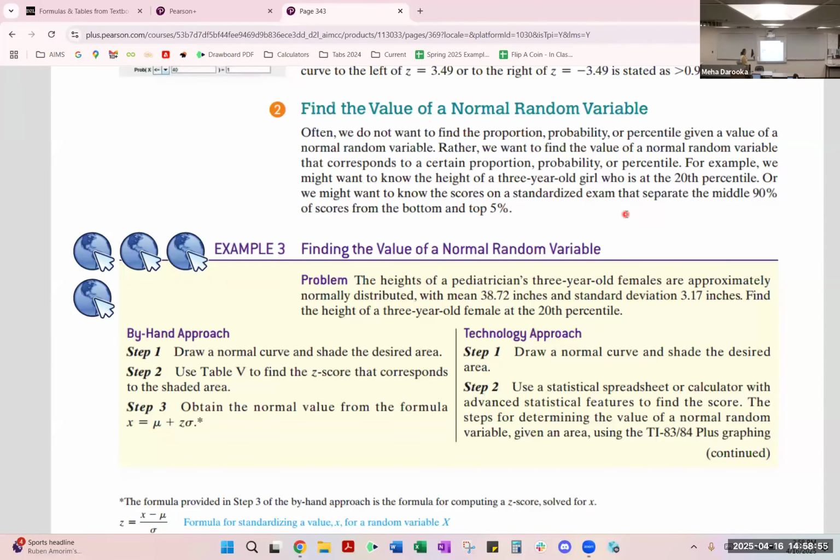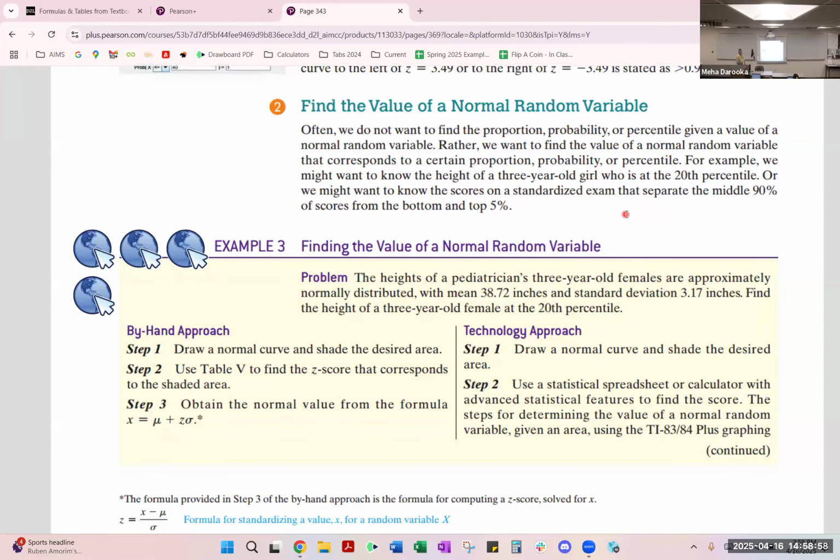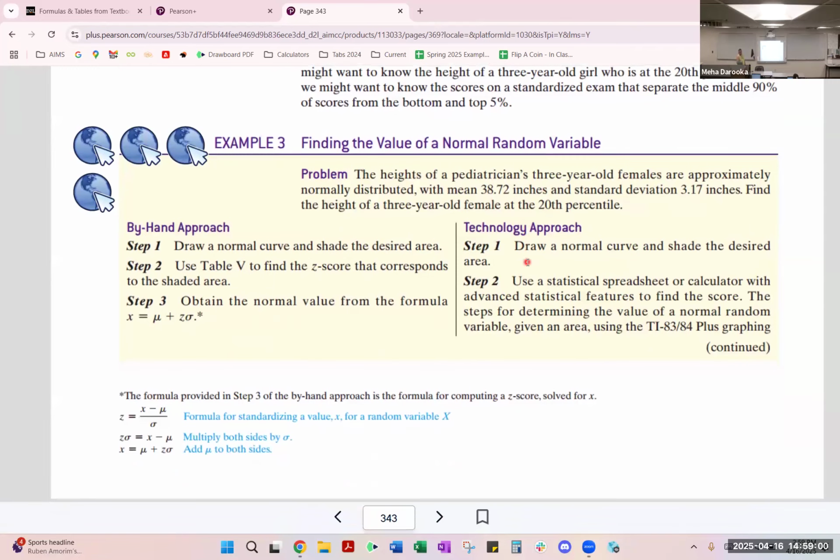So let's take a look at example 3 here. They're telling you the heights of pediatrician's 3-year-old females are approximately normally distributed. And again, remember, this term, approximately normally distributed, is very crucial to have in the data that we're looking at, because otherwise we cannot apply these concepts of the normal curve or normal probability to the example.